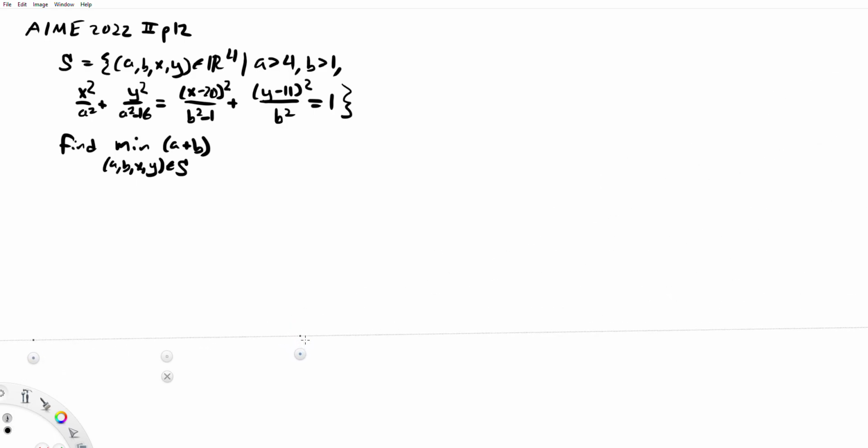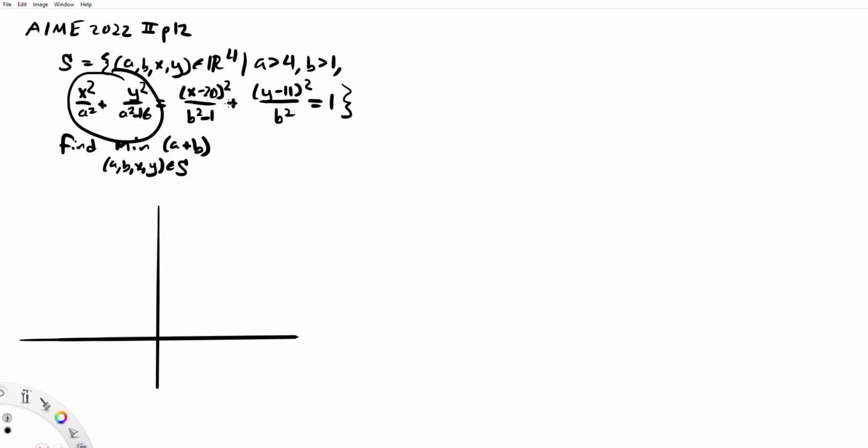Here's my x-axis, my y-axis, and the first one will have a center of (0, 0). You should just know the form of the equation, but basically since it doesn't have any minus here, that means the center is going to be (0, 0).